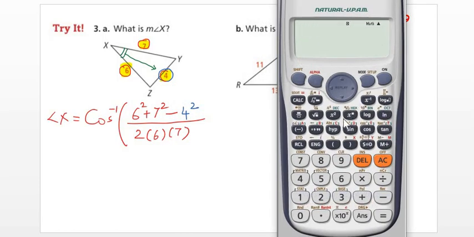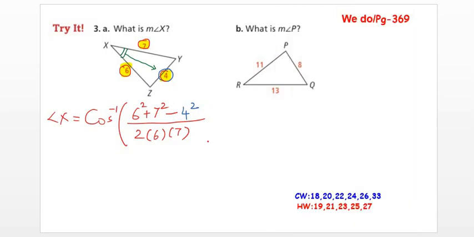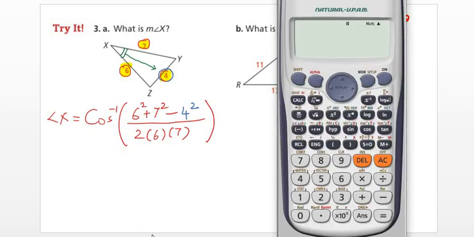By the way, close this bracket here. So it's going to be shift cos, so it will give us cos inverse here. Then we want to write a fraction, so you will write 6 squared plus 7 squared, and then minus 4 squared, and in the denominator you can write this in brackets, or simply put the multiplication sign.